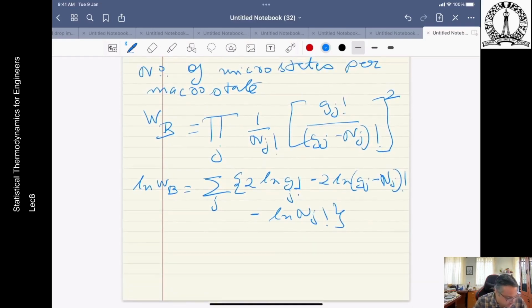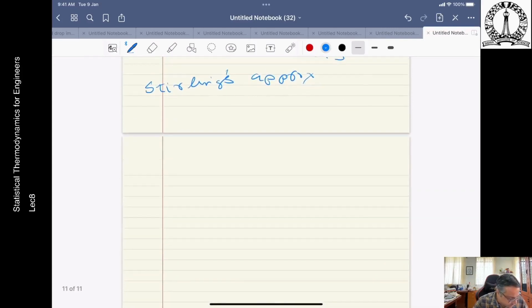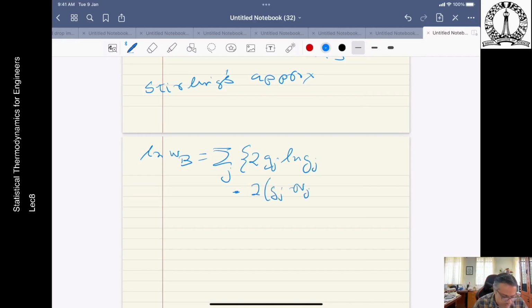So next what we do, we apply Stirling's approximation. So there can be numerous problems like this, obviously, where we say that ln Wb is equal to summation over j of 2 Gj ln Gj minus 2 Gj, minus 2 Gj minus Nj ln Gj minus Nj, plus 2 Gj minus Nj, minus Nj ln Nj plus Nj.